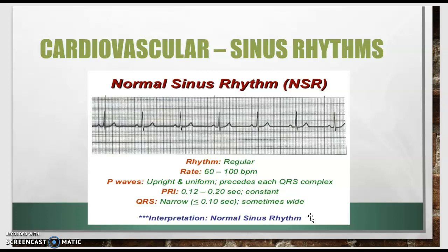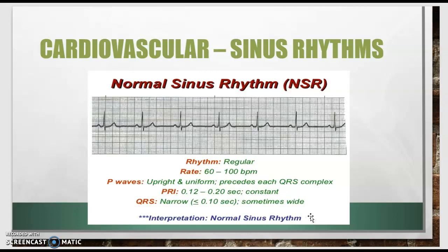Your P waves are upright, they're uniform, so they all look the same, and you should always have a P wave in front of a QRS. If you have a P wave in front of a QRS, that means that that heartbeat was initiated in the atrium at the SA node, which is what is normal. Okay, so then you're going to look at your PR interval, and this is what is normal.